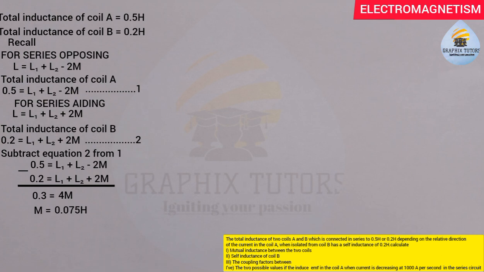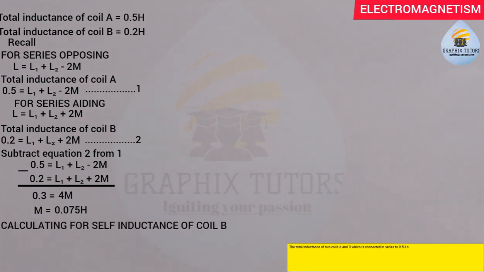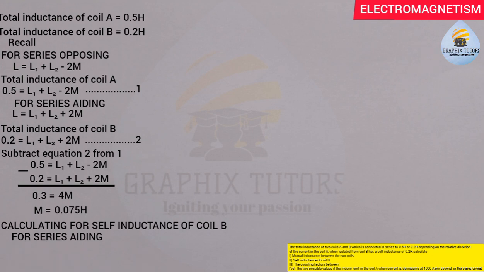Now the next one we are going to be calculating will be the self-inductance for coil B, right? Now we do the same thing. We know very well that for aiding, my total inductance is equal to L1 plus L2 plus 2M, right?